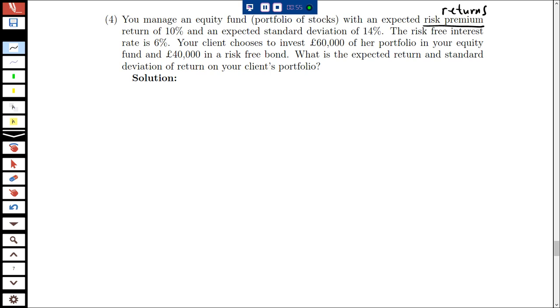Okay, so here's the picture. We have some risk-free investment in the sense of a bond, which has some expected return, which is fixed, which is 6%.